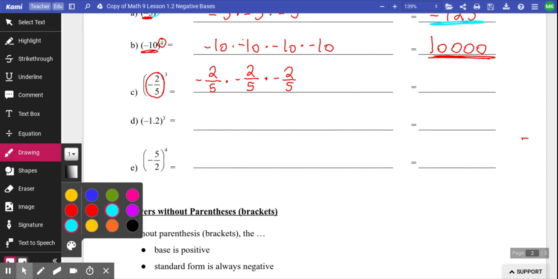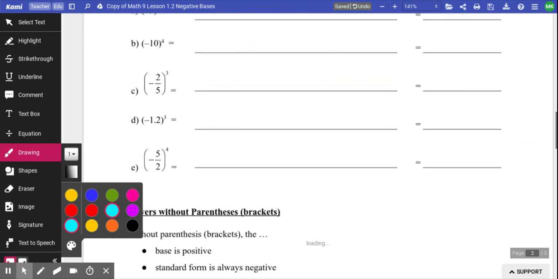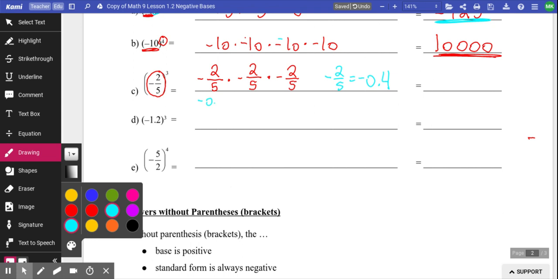If you put just negative 2 over 5 in your calculator, you'll get negative 0.4. And what might be easier for you, instead of doing 2 over 5 times 2 over 5 times 2 over 5, is you could do 0.4 times 0.4 times 0.4.